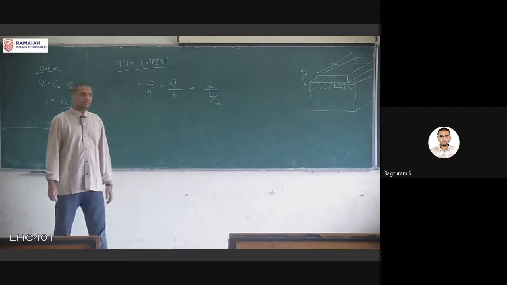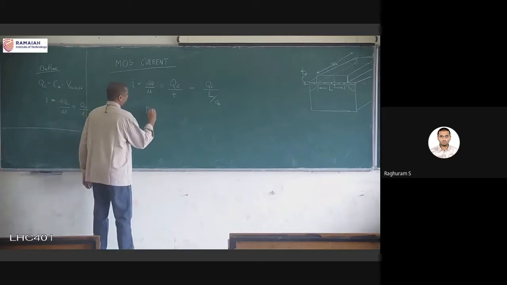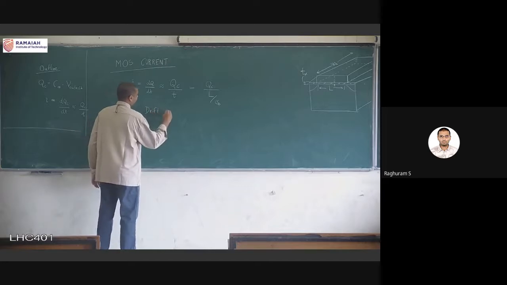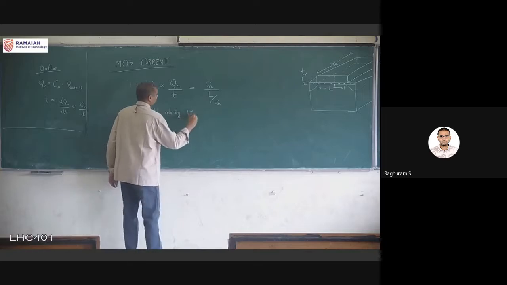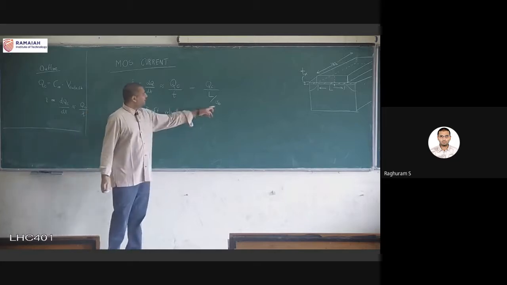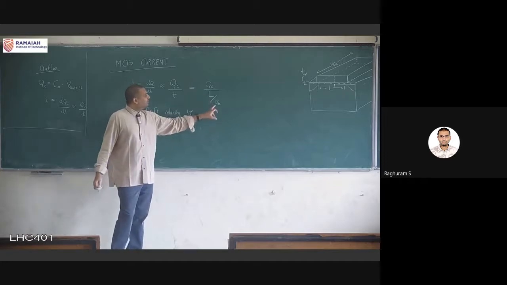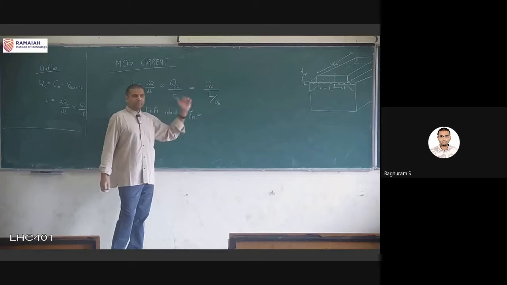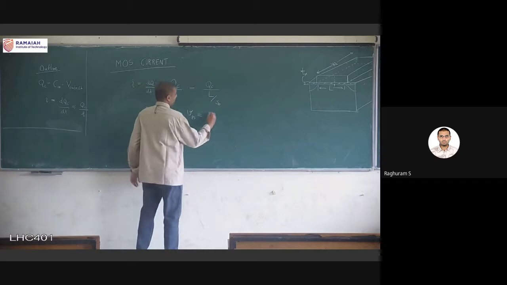Drift velocity v is given by L by t. This is not voltage Vds, which is why I have written small v; capital V is the drain source voltage. This small v is the drift velocity of the charges between the source and the drain terminals.